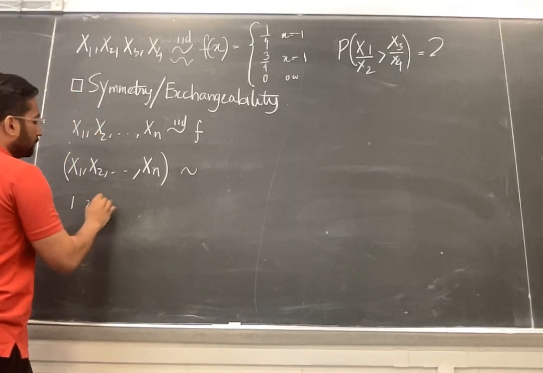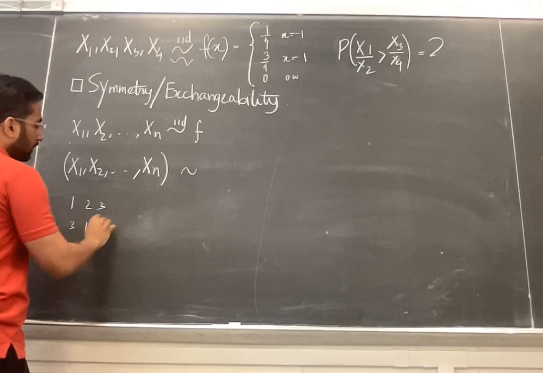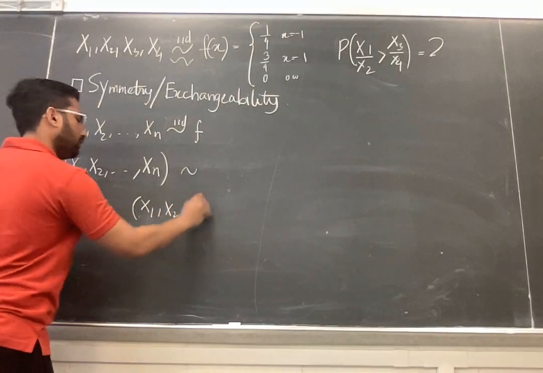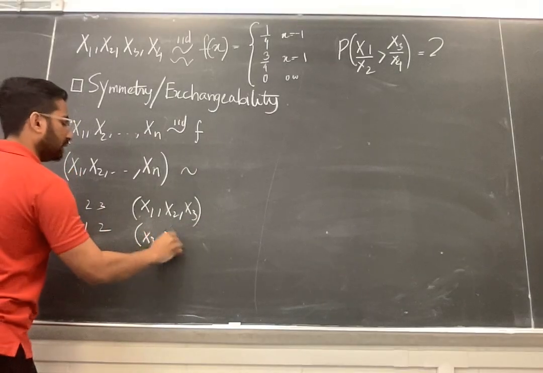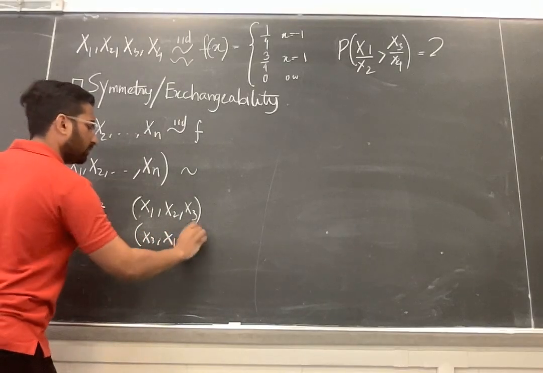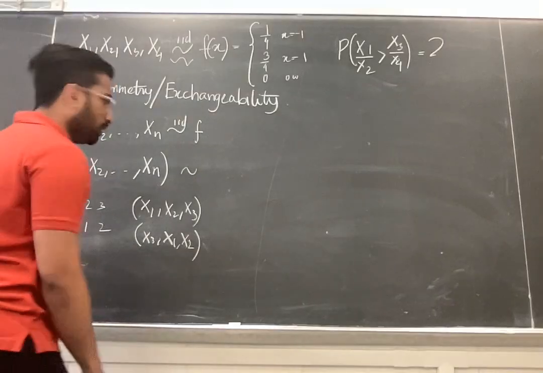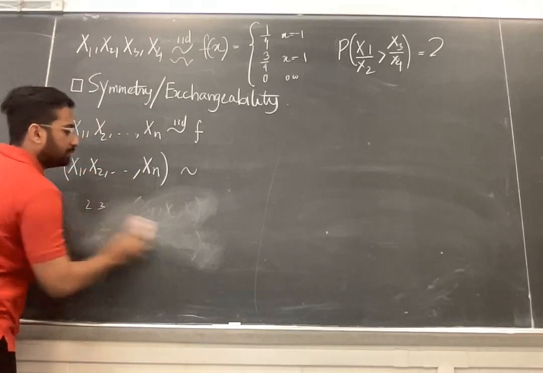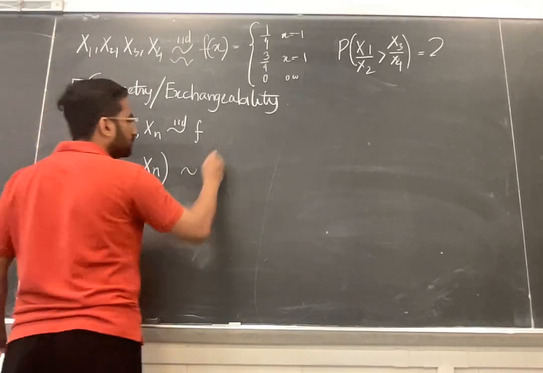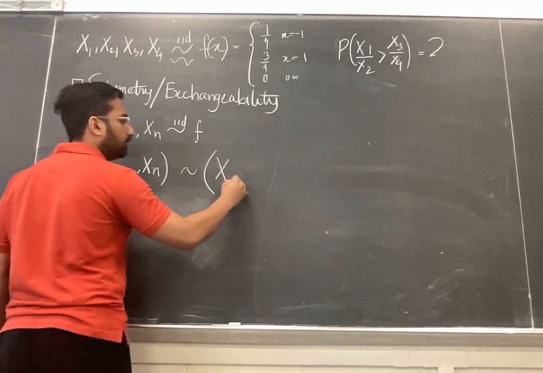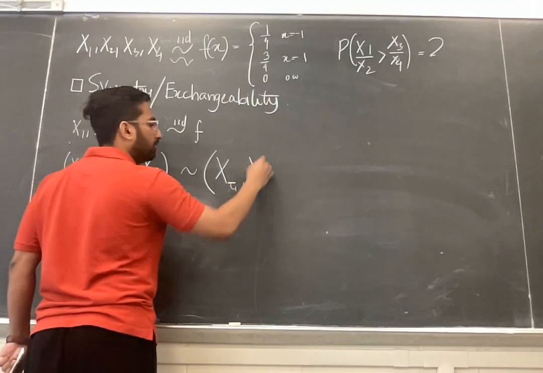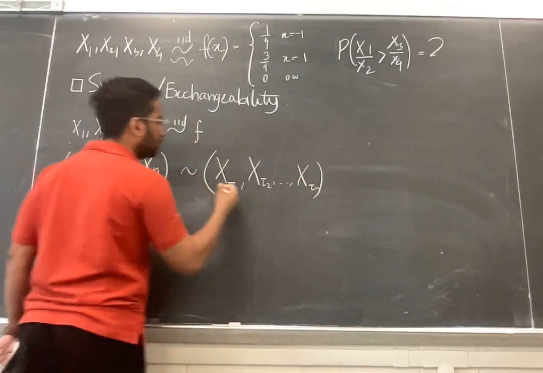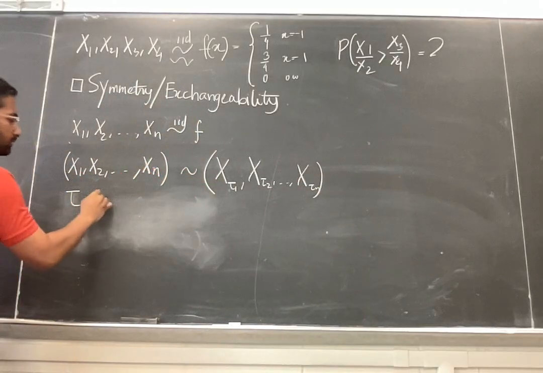Let's say 1, 2, 3 is changed to 3, 1, 2. So the joint distribution of x1, x2, x3 will be the same as x3, x1, x2. Mathematically speaking, this is the same distributed as x of tau 1, x of tau 2, up to x of tau n, where tau is a permutation.